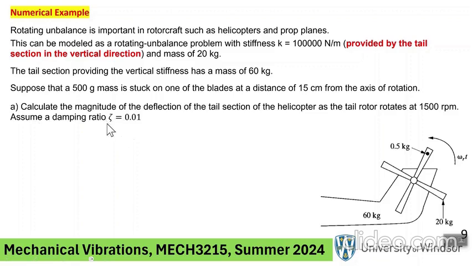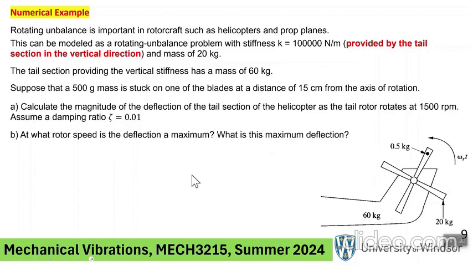We have done that. So somebody has done it and said that, okay, in this single degree of freedom system approximation of a very complicated problem, your damping ratio is 0.01. And we know that the tail rotor propeller is turning at 1500 RPM. What we would like to know is what is the deflection of the tail section, okay?